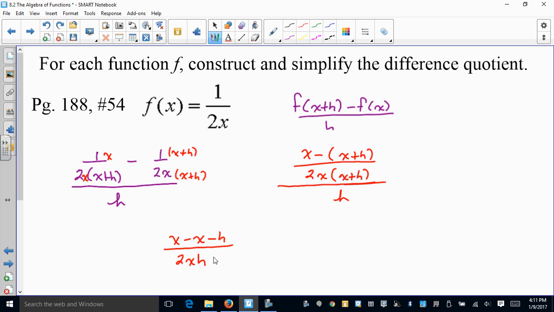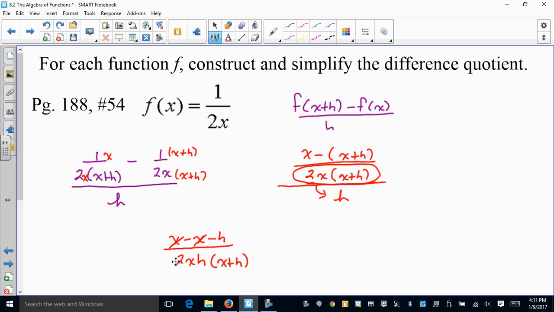Now all I did was bring this denominator down where it belongs. That's all I did. So this whole thing here belonged down there. Okay, x minus x, they cancel out. Remember, I was telling you, anything that doesn't have an h on it should cancel.